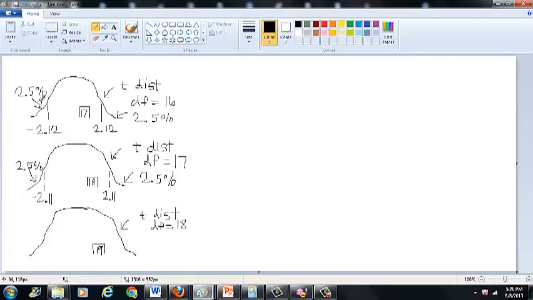Instead of being something like this, which is flatter and more spread out, it becomes taller, with thinner tails, like this. It's starting to become more bell-shaped with the higher degrees of freedom.